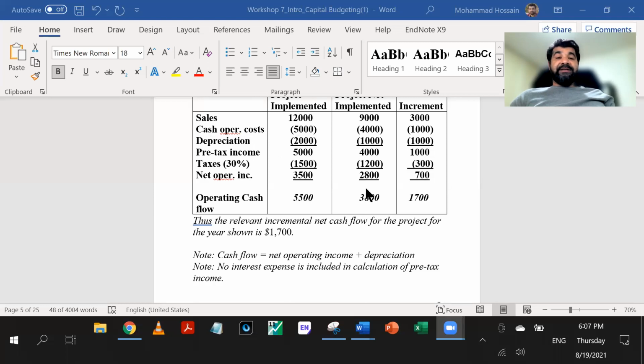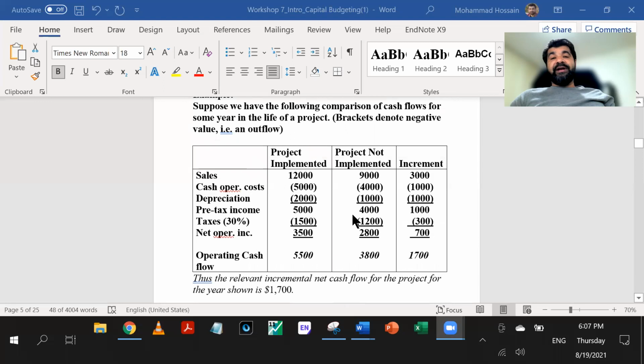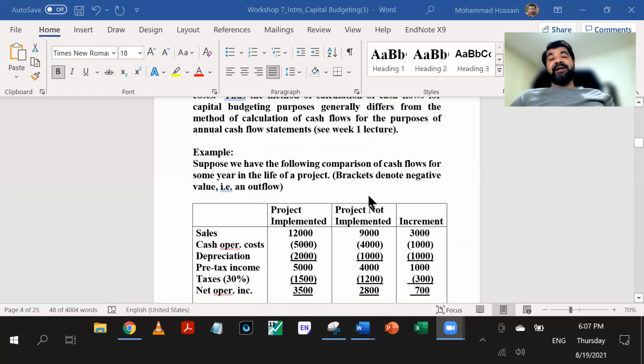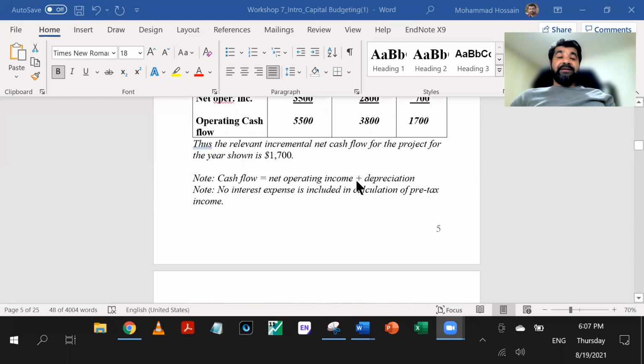This is one example showing how to calculate the relevant project incremental after-tax cash flow for the year. This is the way you calculate these things.